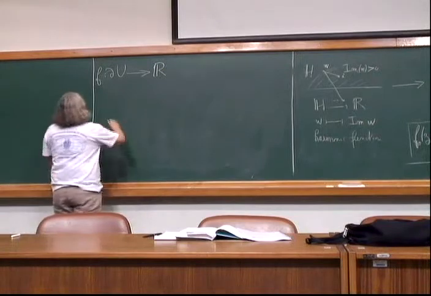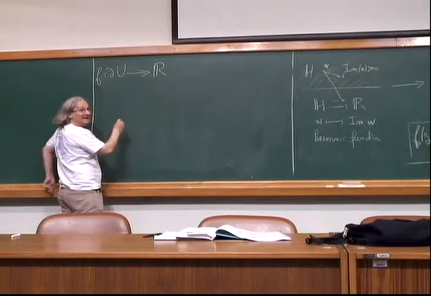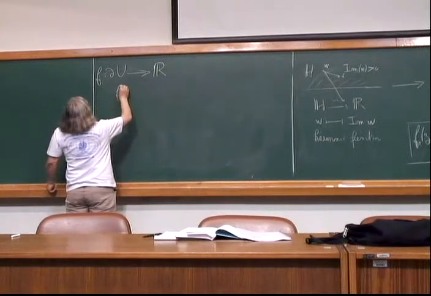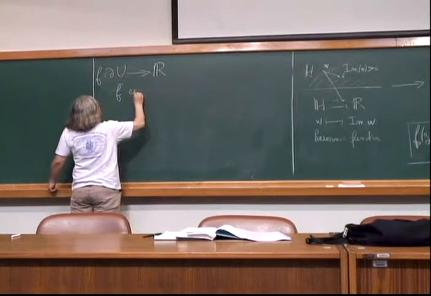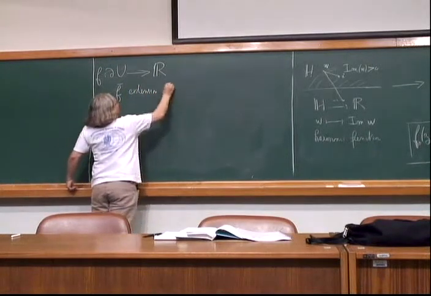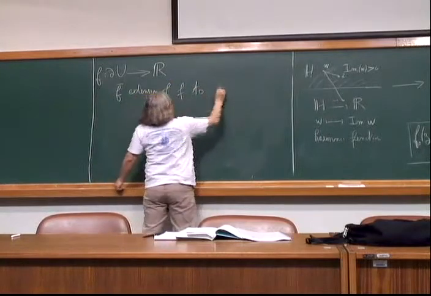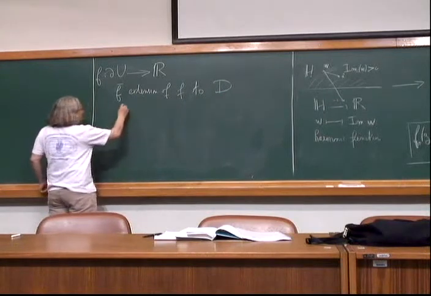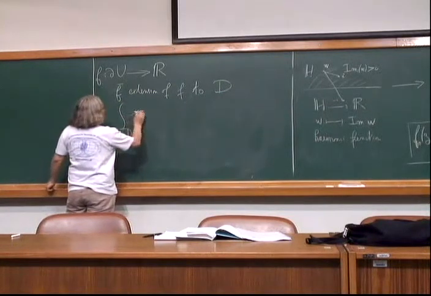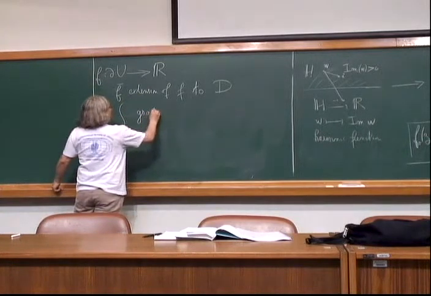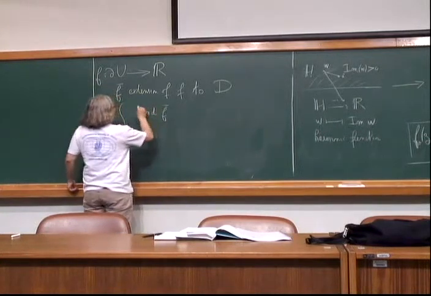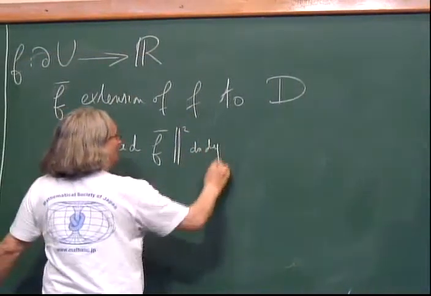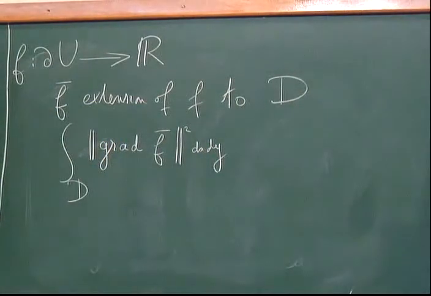And Riemann says, let me consider for each possible extension, let's say f bar, any smooth extension of f to the disk, the integral over the disk of the energy, which he called the energy of f.